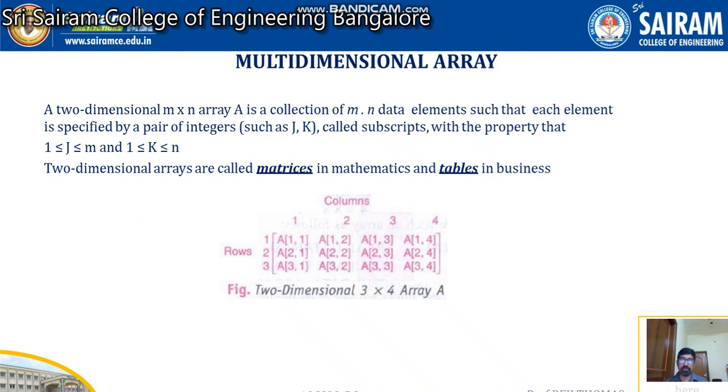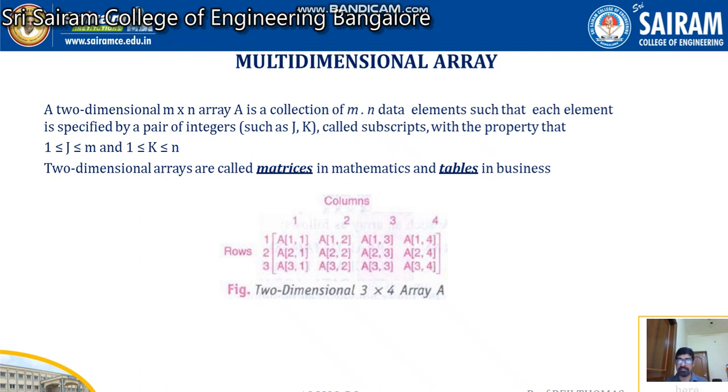So next is about multi-dimensional arrays. Multi-dimensional arrays are nothing but a collection of elements which is stored by a pair of integers, and these integers are called subscripts. So normally every element will have two dimensions, x and y.